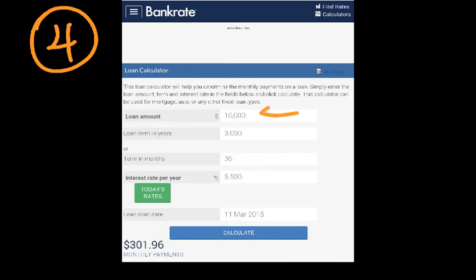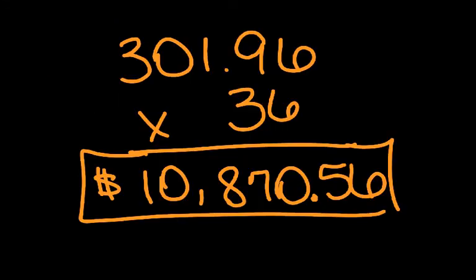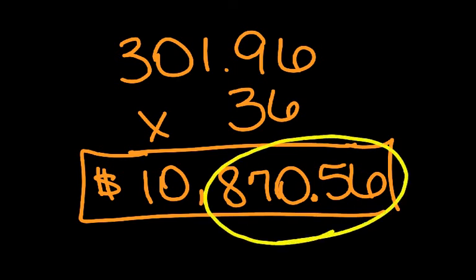Number 4 is $10,000 for 3 years or 36 months at a 5.5% interest. Click on calculate, should give you $301.96, which means the total cost you'll be repaying back is $10,870.56. That much being interest.